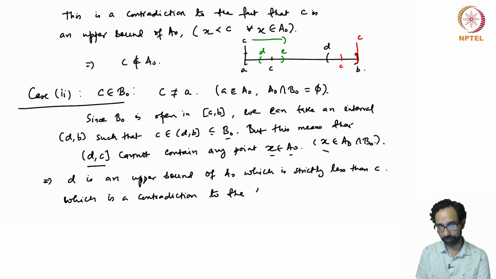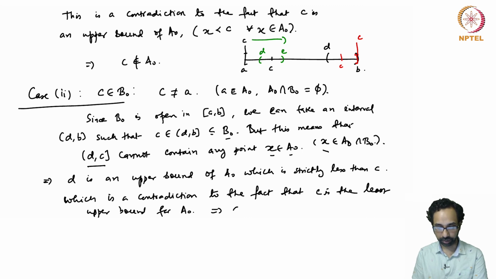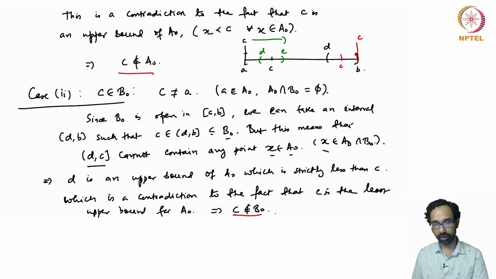So in both cases we see that C does not belong to A0 and C does not belong to B0, and we have seen that this leads to a contradiction, because the whole interval AB is the union of A0 and B0, and C belongs to this interval.